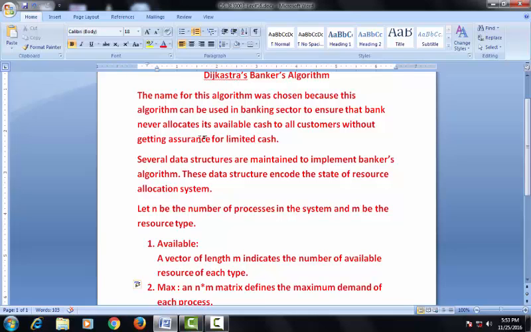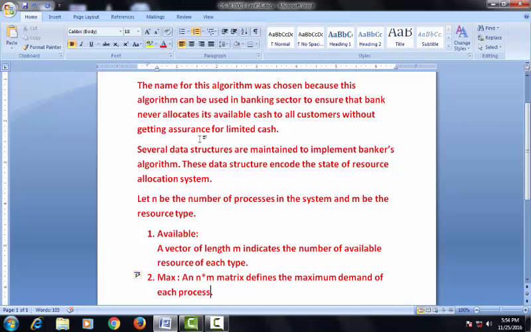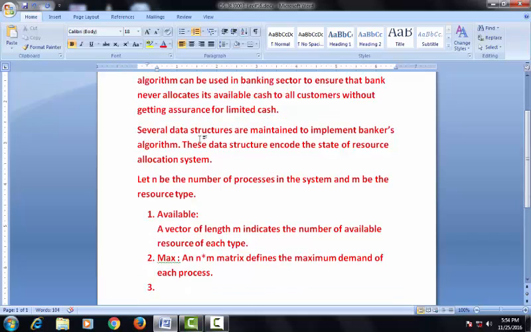So every process has its own demand or requirement of resources, so we should allocate resources to a process only after thinking about some points. Okay, this is Max. So Max is the process demand, you can say in short. It is the maximum demand of a process for the resources.